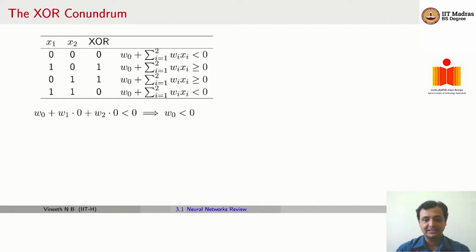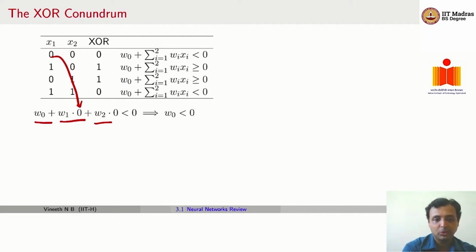So let's analyze this. Let's take the first equation, which says W0 plus W1 into 0, which comes from here, plus W2 into 0, which comes from here. We ideally want it to be less than 0, which is what we want the perceptron to do, which means W0 has to be less than 0.